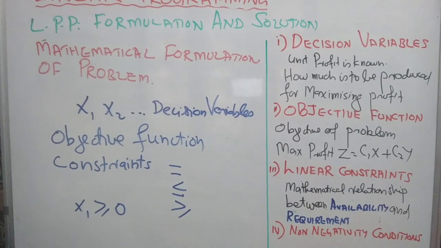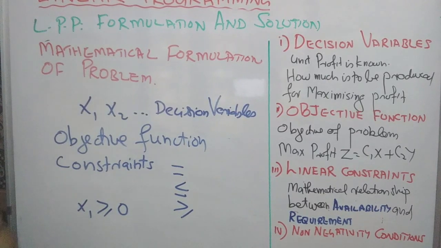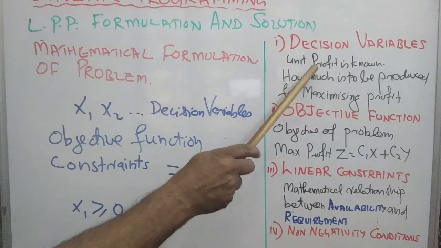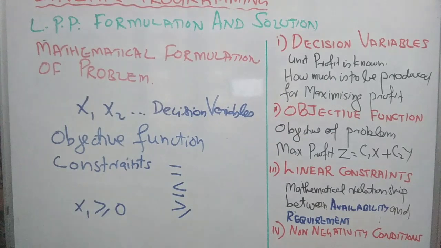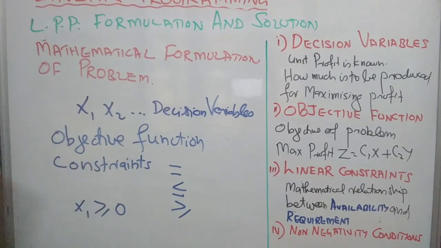So the first component is the definition of the decision variables. For example, in a profit maximization problem, the unit profit of each component is given. Then how much of each component is to be produced for maximizing profit, that is to be decided. That is the decision variables. That is the first component in the formulation of a linear programming problem.